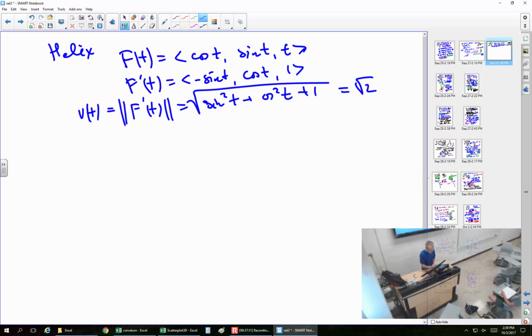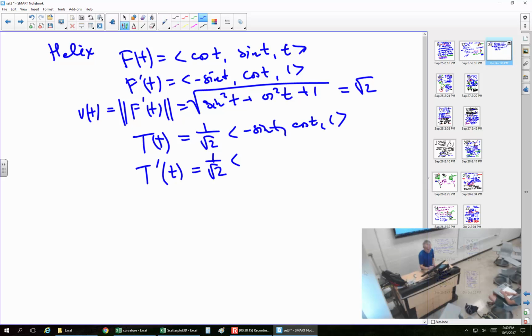Okay, so then take the unit tangent vector. It is simply f prime divided by square root of 2, so it will be 1 over square root of 2 times negative sine t, cosine t, 1. Now differentiating one more time, 1 over square root of 2 times negative cosine t, negative sine t, 0. We're using the calculus 1 skills of differentiation, almost the same thing the spreadsheet did, except now it is accurate rather than approximate.